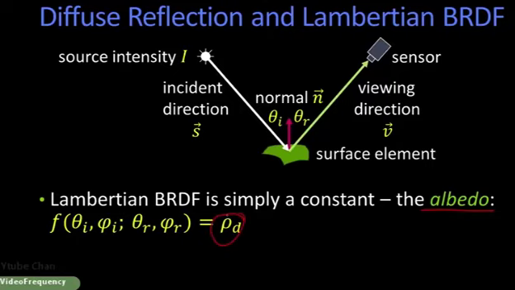By the way, often when this is written, you'll see a cosine theta i in the denominator, for compensating for this viewing condition, but I think that just makes life confusing. So we're just going to think of the BRDF as being a constant for a Lambertian surface.